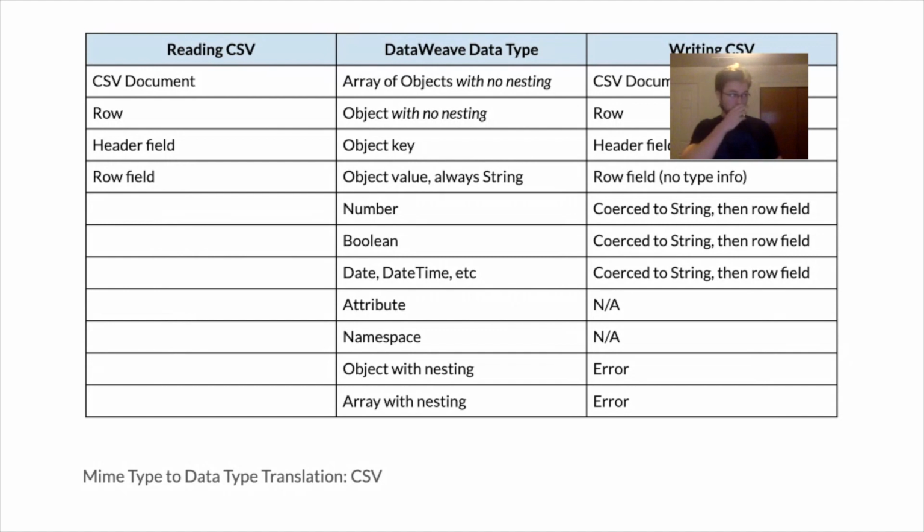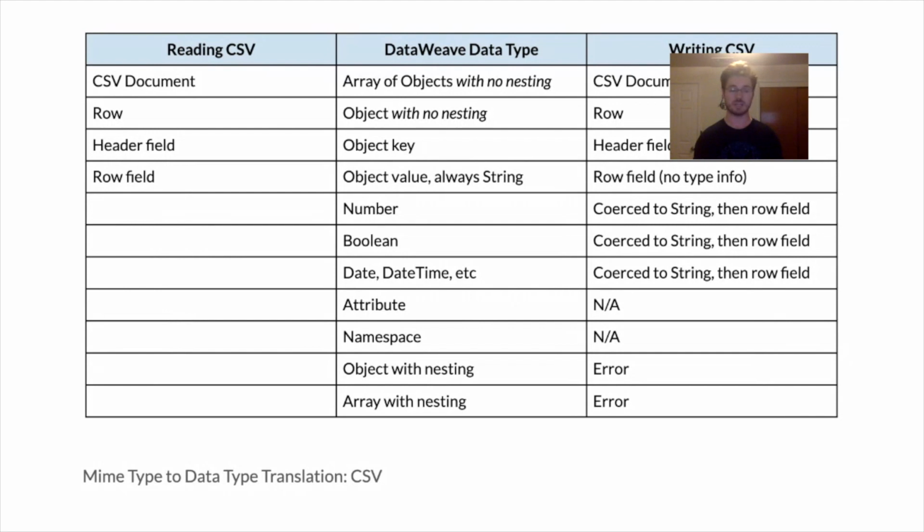So row fields are always translated into strings. If you want to deal with them as numbers, you're going to have to cast them as numbers and deal with them accordingly. Any kind of number that you have in your DataWeave output, if it gets written to CSV, gets coerced to a string, and then it winds up being a row field. This is also true for booleans and temporal types, date, time, local date, etc.